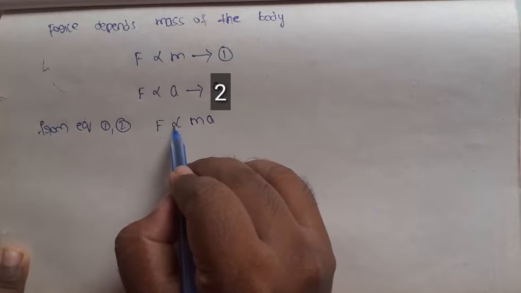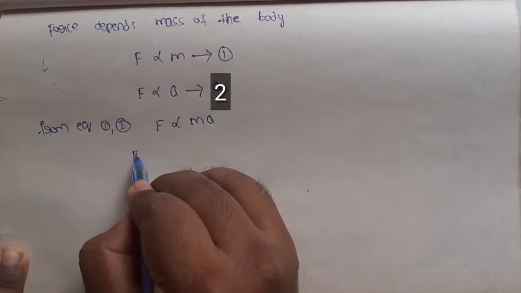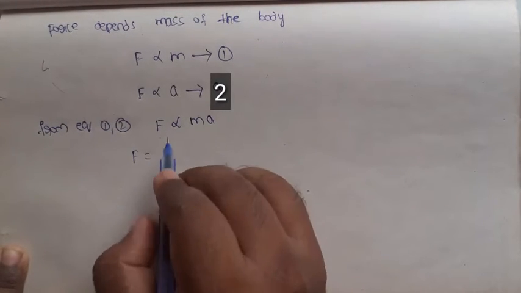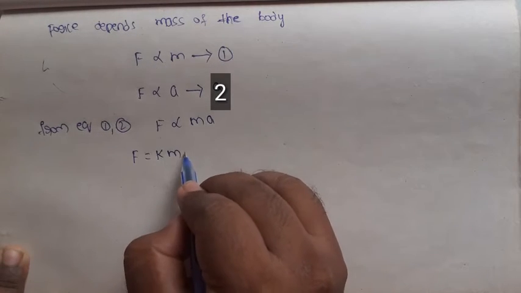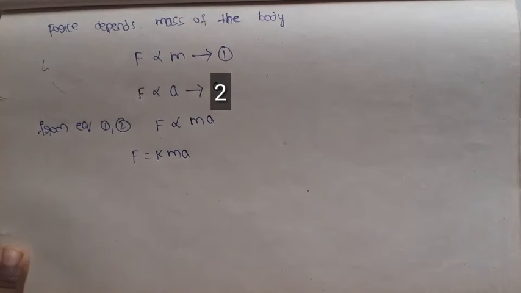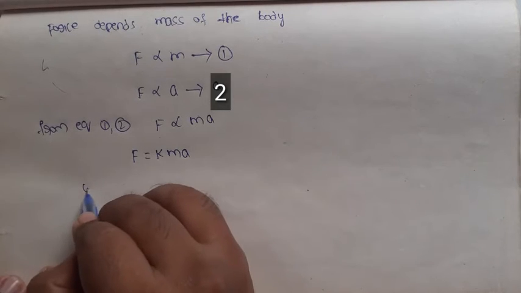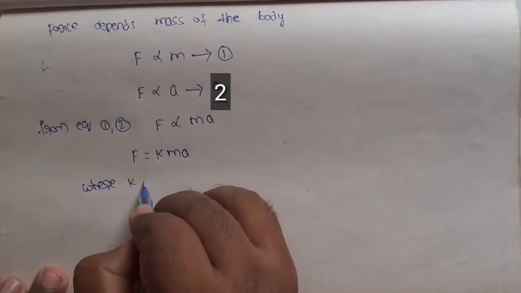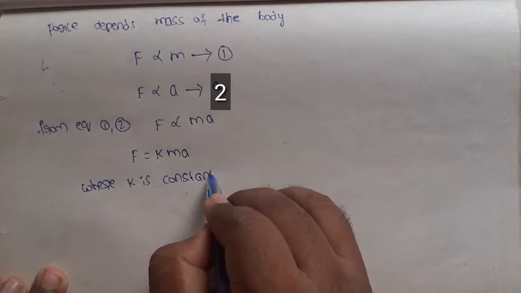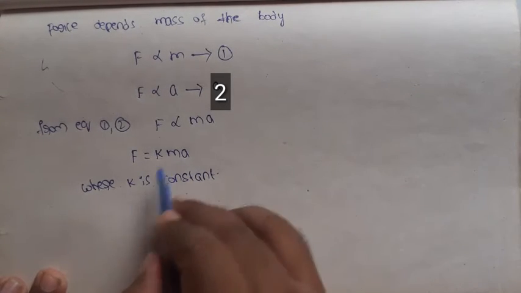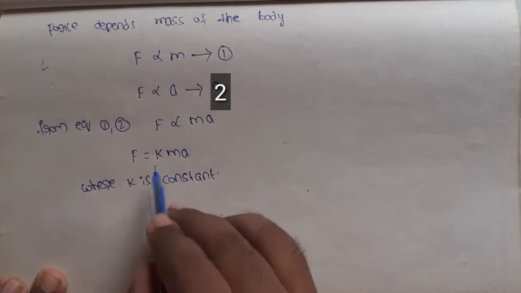If I remove the proportionality by substituting some constant k, F equals k times m a, where k is a constant, m is the mass, and a is the acceleration.